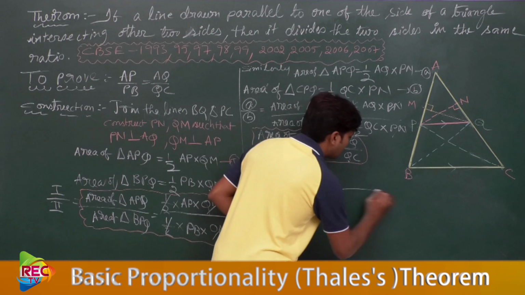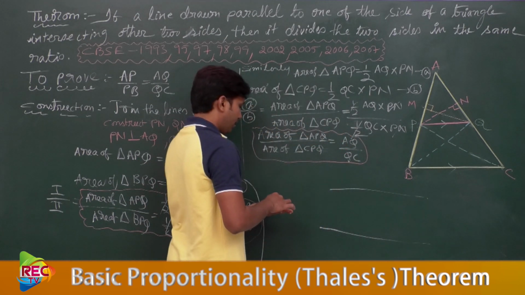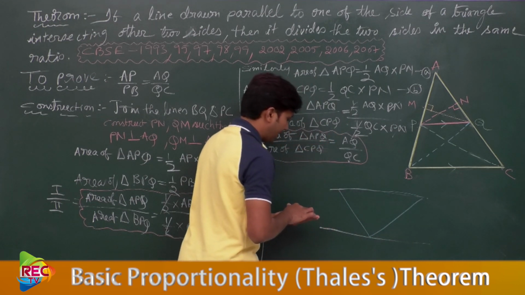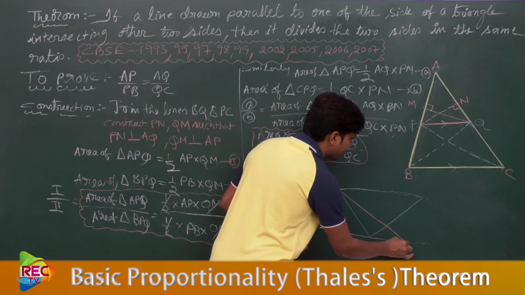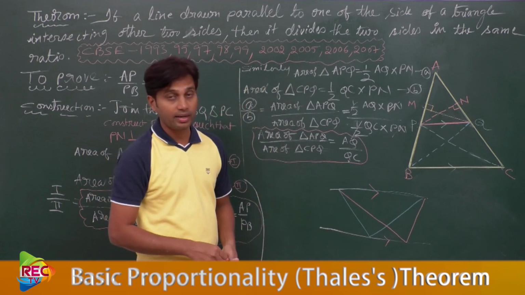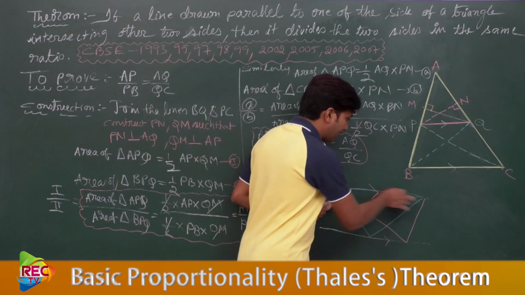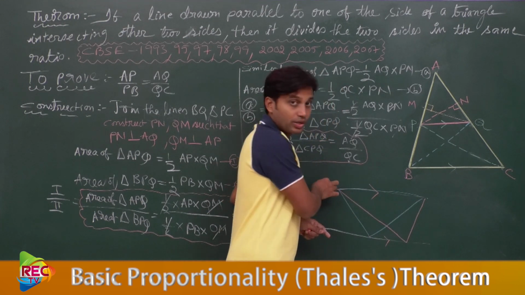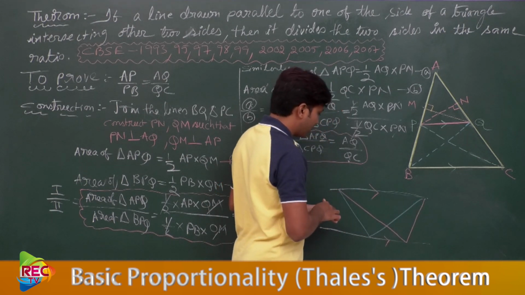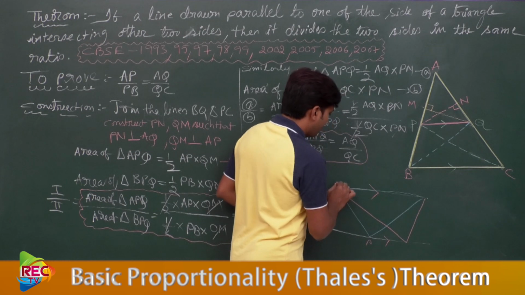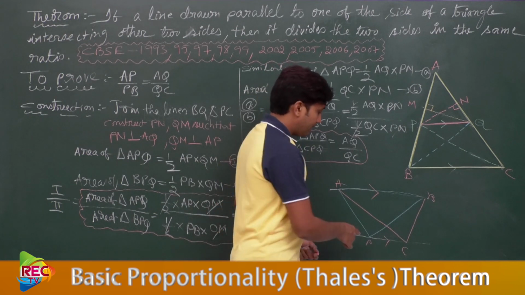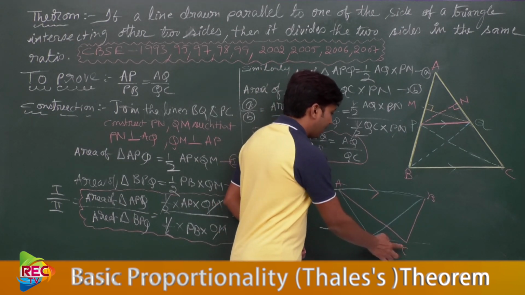These two are parallels. Then one triangle is drawn like this, and another triangle is drawn like this. Now tell me, what about the base of these two? They have a common base, or not? This is PAB, this is CPB, CAB. Here the two triangles are PAB and CAB.